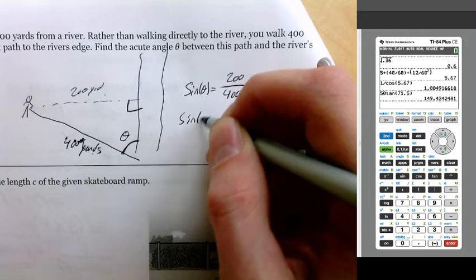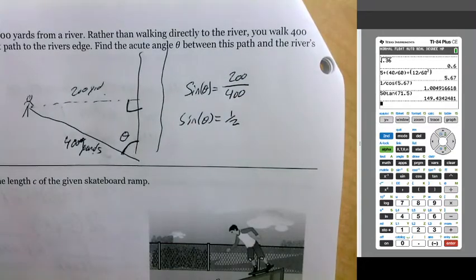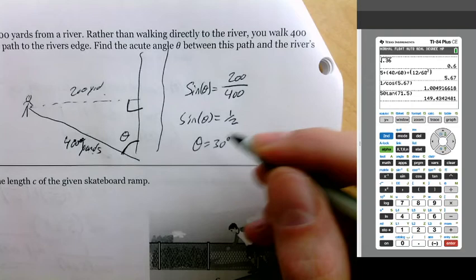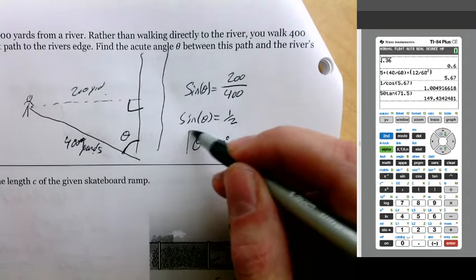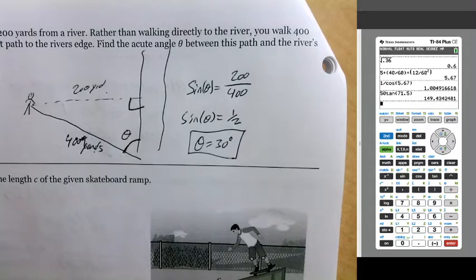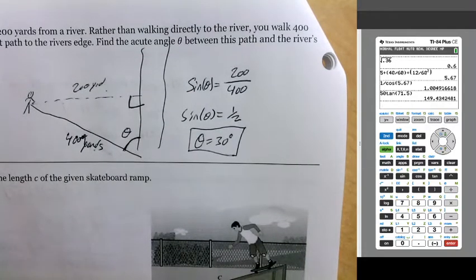So sine of theta equals 1/2. Earlier we looked at that chart, and sine of theta is 1/2 when theta equals 30 degrees. That goes back to the chart of 9 different things I said to be familiar with earlier. So that's theta.